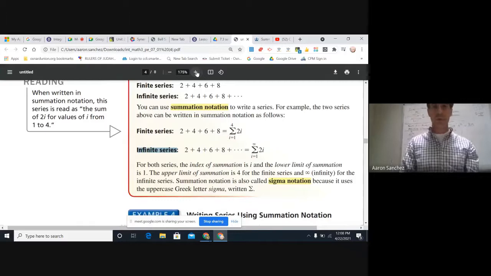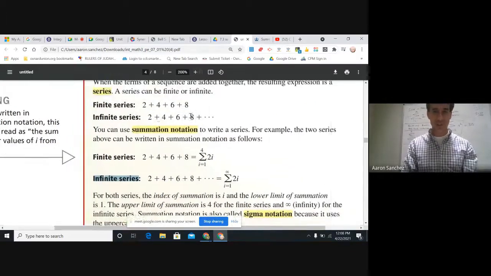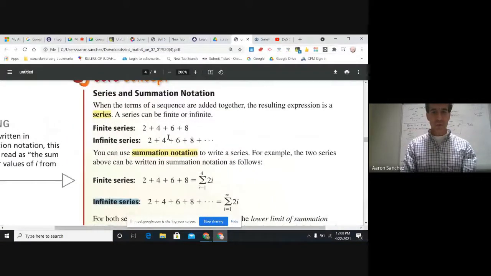So look, this tells me to add 2 plus 4 plus 6 plus 8. How to write that in sigma notation? Instead of writing 2 plus 4 plus 6 plus 8, I start with my first term, I end with my fourth term, and I'm going to multiply by 2. So 1 times 2 is 2, 2 times 2 is 4, 3 times 2 is 6. So this is finite because it tells me to end at 4.